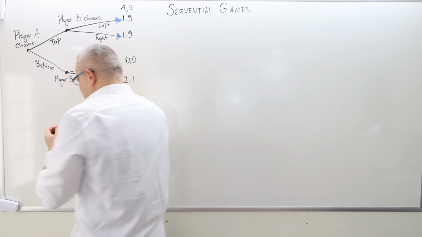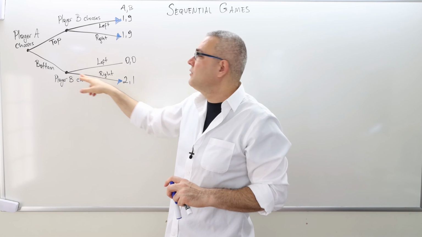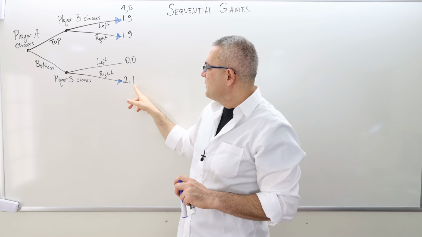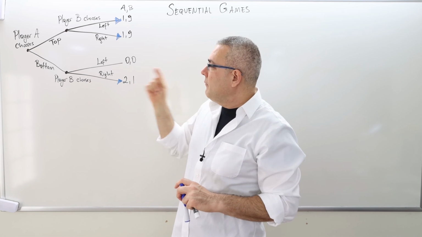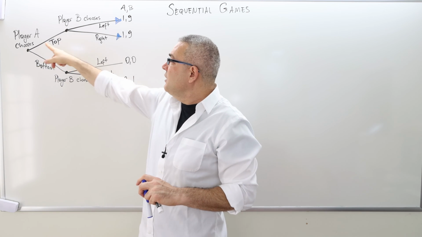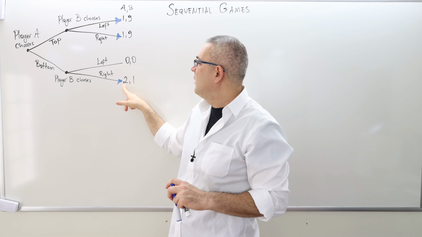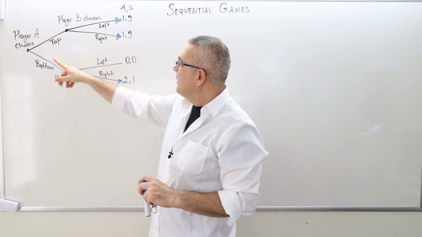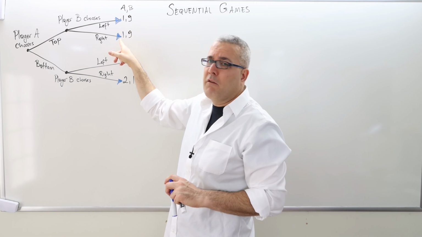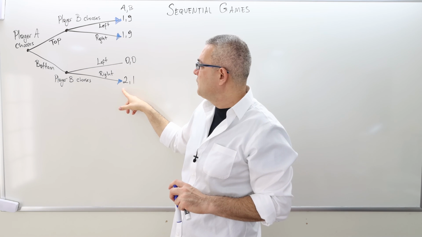A rational agent should not choose left at this position. Because she is trying to maximize her payoff, she's going to go for 1. So if player A chooses bottom, she will eventually get the payoff of 2. If she chooses top, she gets payoff 1.